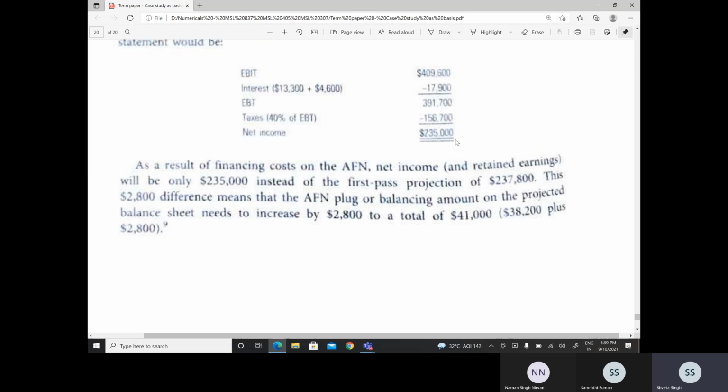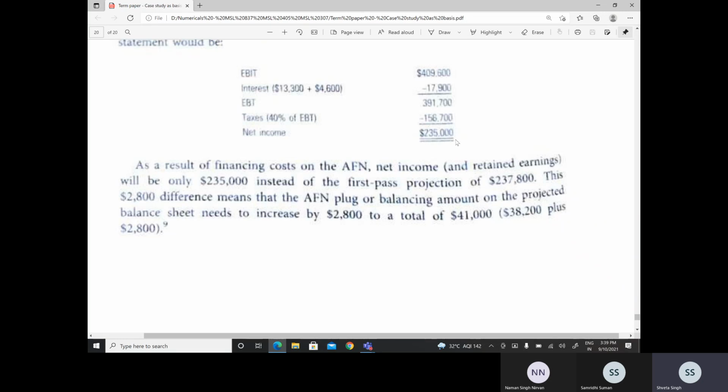$235,000. As a result of financing costs on the AFN, the net income and retained earnings will be only $235,000 instead of the first pass projection of $237,800.